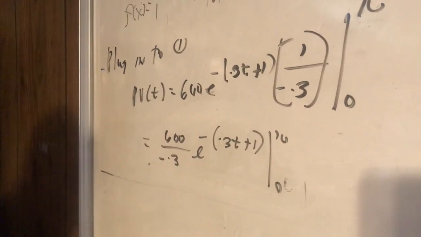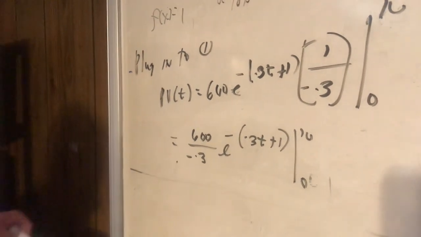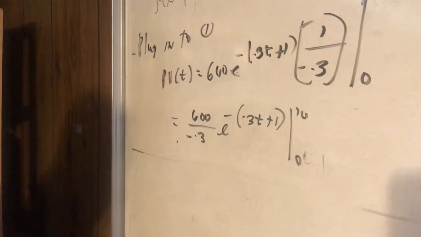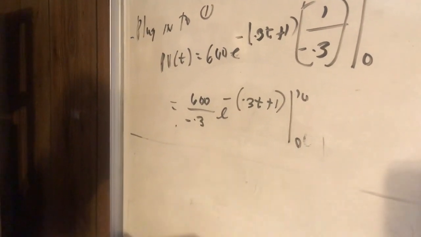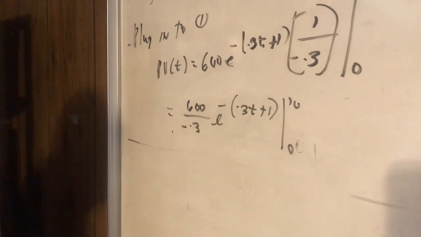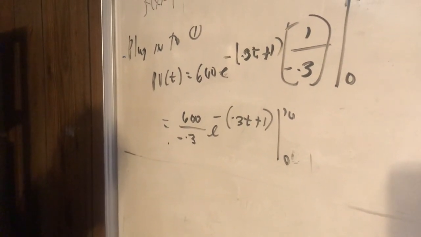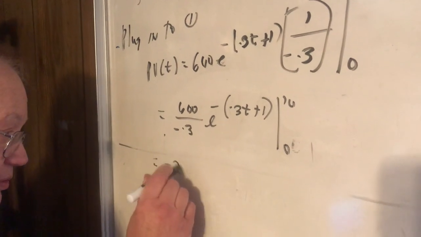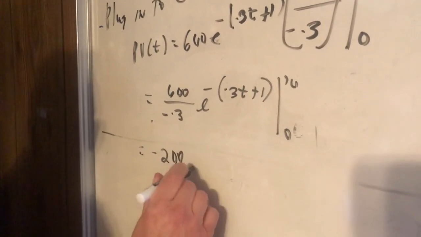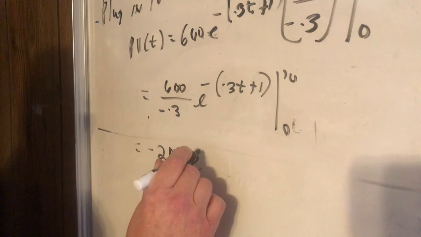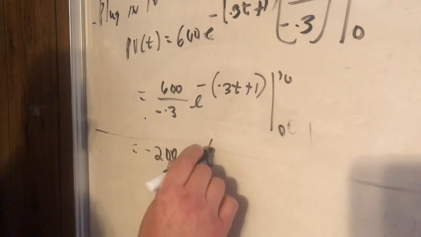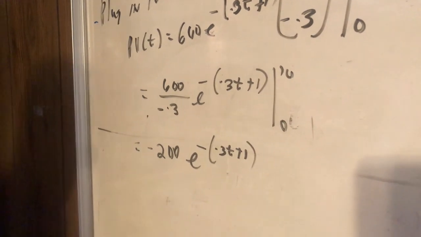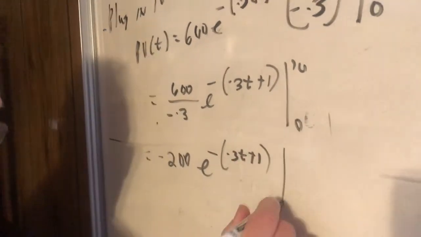So, let's see what that comes out to be. 600 divided by 0.3 is minus 2,000, e to the minus 0.3 t plus 1, between 0 and 10.